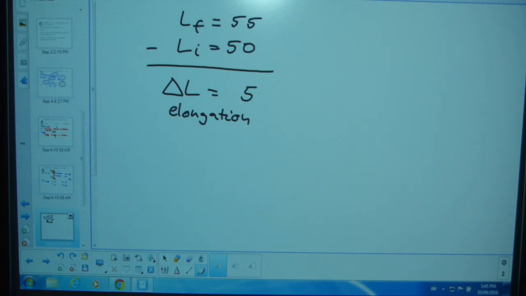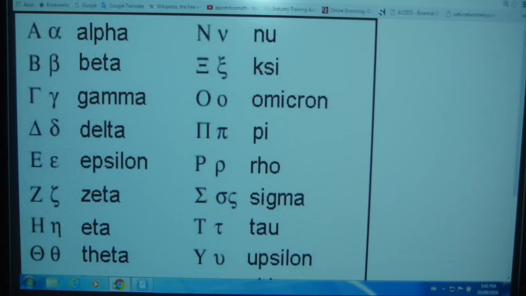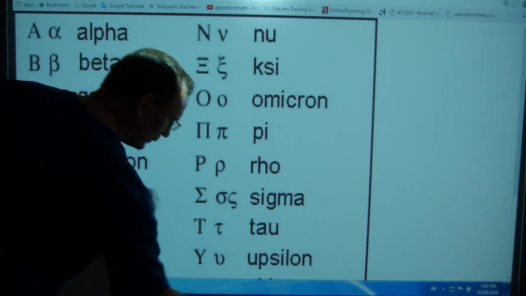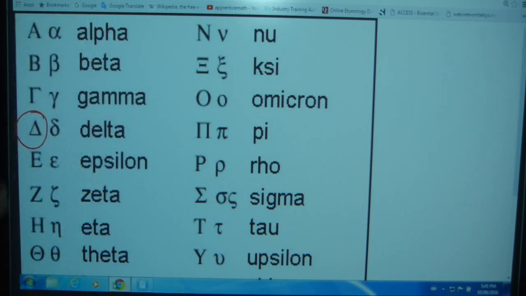If you read it as a triangle L, you're going to be laughed around for a couple of weeks, but this is a Greek letter. That's the Greek letter delta. Delta means difference of. I have here a Greek alphabet happening on this slide, and let's go red, and there is the Greek capital delta.